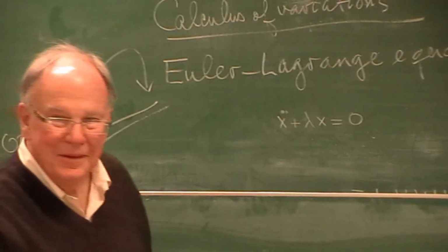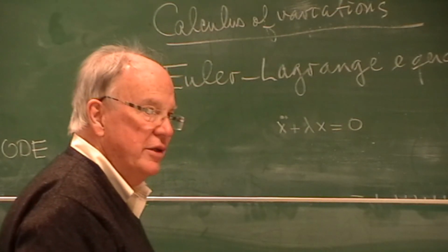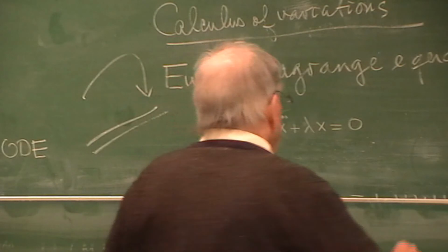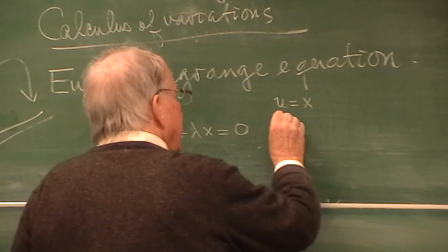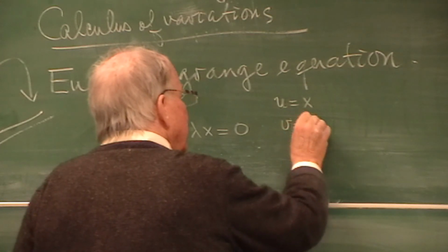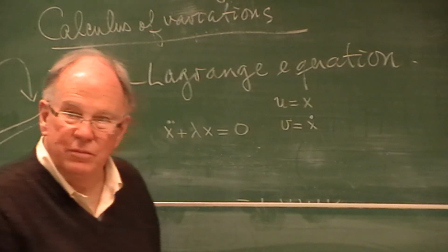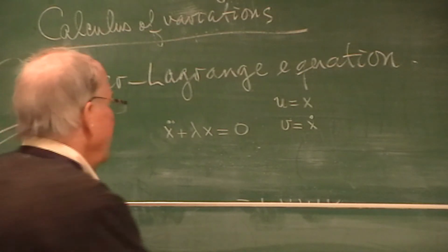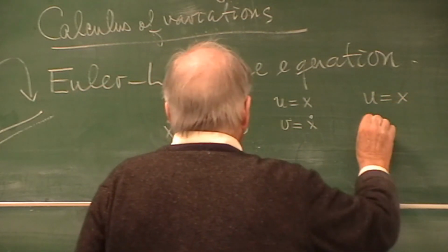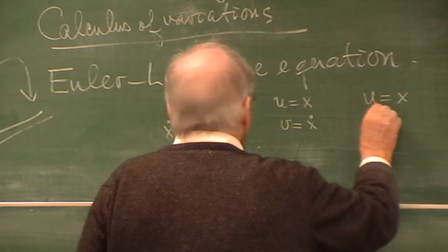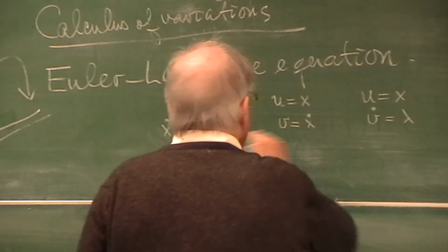I hope you know how our classical giants solve this equation. They say, well, we define u to be equal to x and v to be equal to x point. And so this becomes a system of equations, u equals x and v point equals lambda times x, which is u.